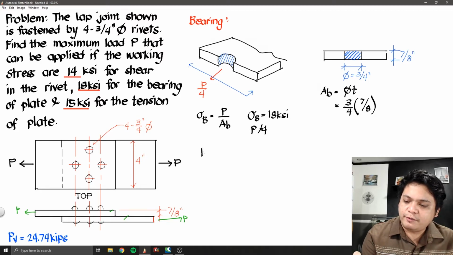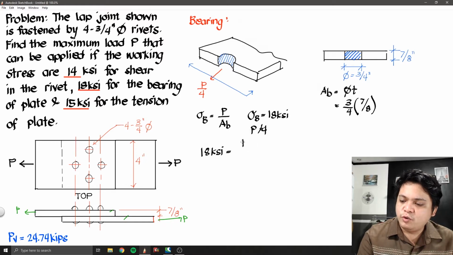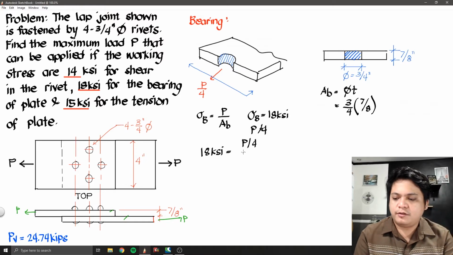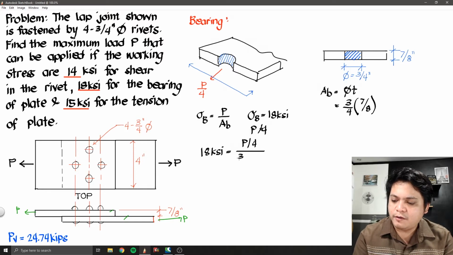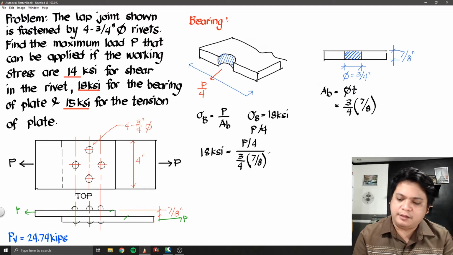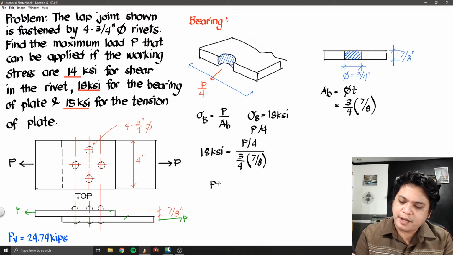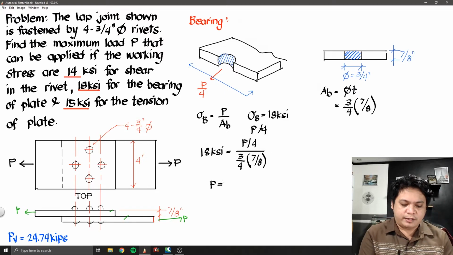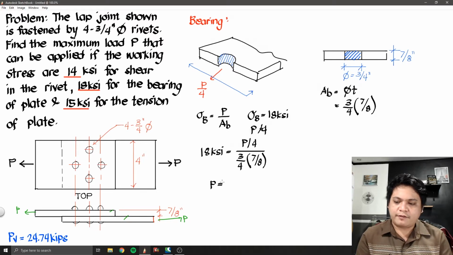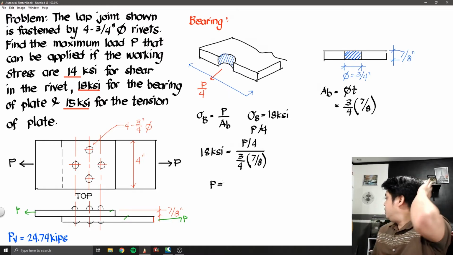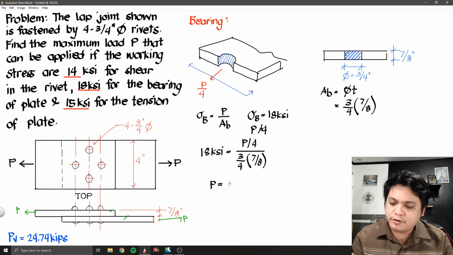So we will be having here 18 KSI is equals to P all over 4 all over 3/4 multiplied by 7/8. Okay, so that we will be having here the value of P equal to 18 times 0.75 times 7/8, times 4. Or that's around 47.25 kips.